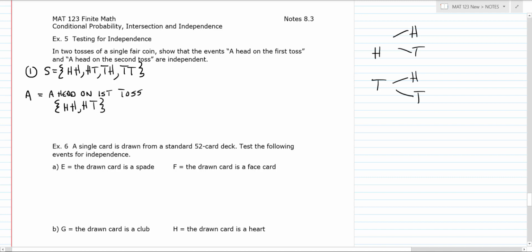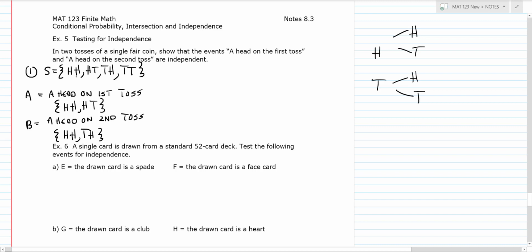The other one is a head on the second toss. The head on the second toss would either be head, head, or tail, head. So there's 2 events out of the 4 possibilities. That's a head on the second toss.